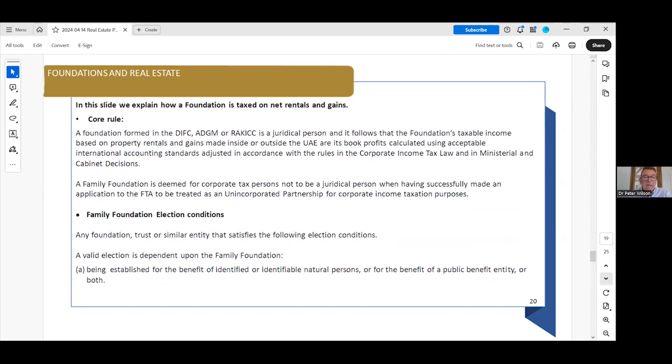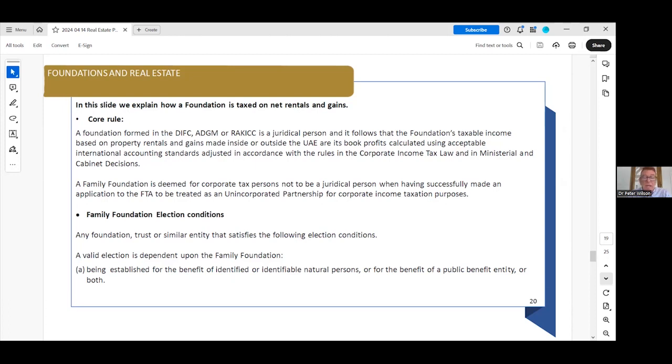But if the foundation owned the real estate, and if an election was made by the foundation to be treated as an unincorporated partnership, and the foundation beneficiaries or the qualified recipients were natural persons, then number one, the natural persons would get the real estate investment rule, which would mean that potentially the profitability of the real estate transactions conducted by a foundation would be exempt.